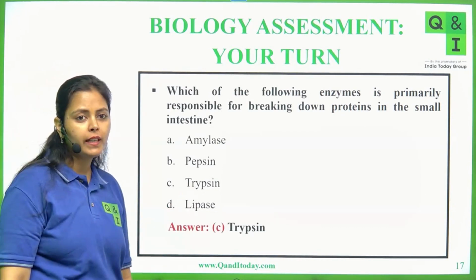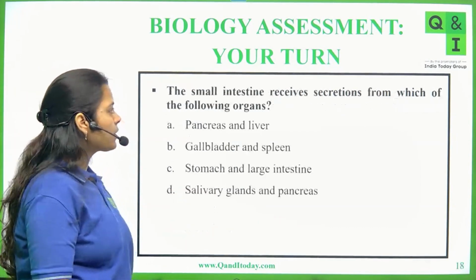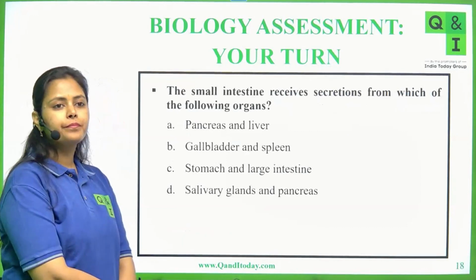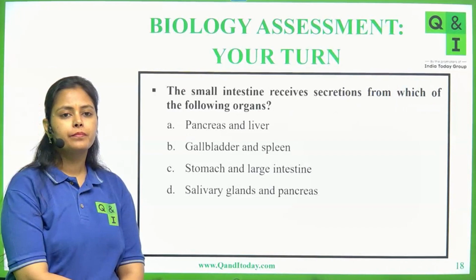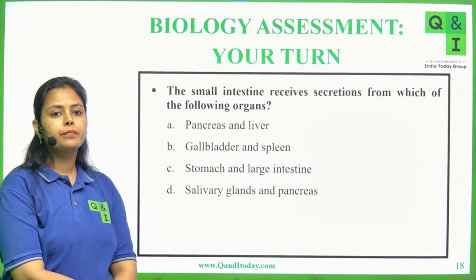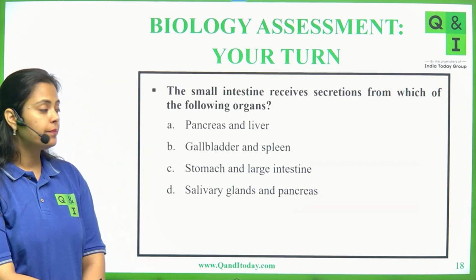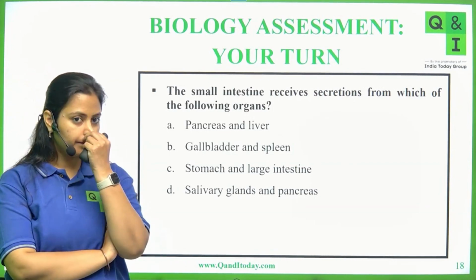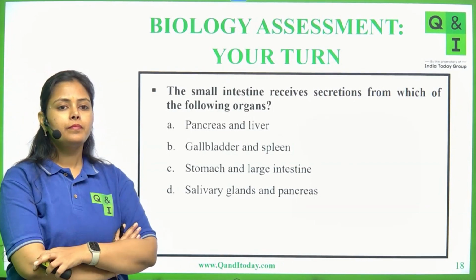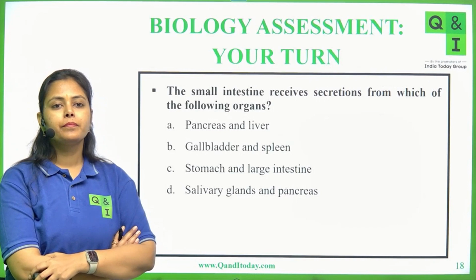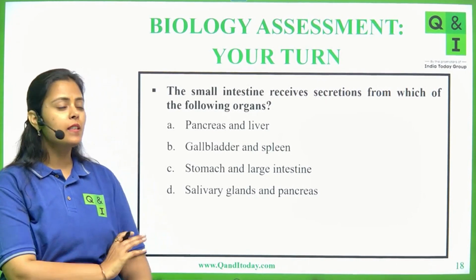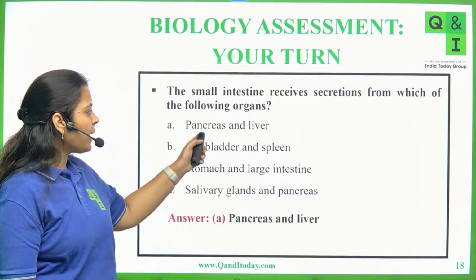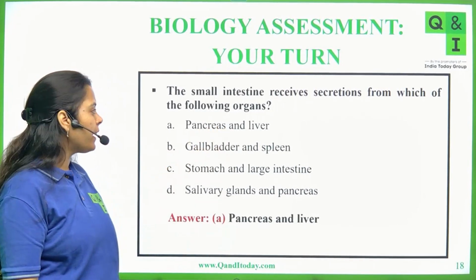Very good, everyone. Correct answer is trypsin. Next. Okay, Rahul. Okay, Alan. Okay, Jovan, Raghavi, yes. So the correct answer would be option number A, pancreas and liver. Very good. Well done, everyone.